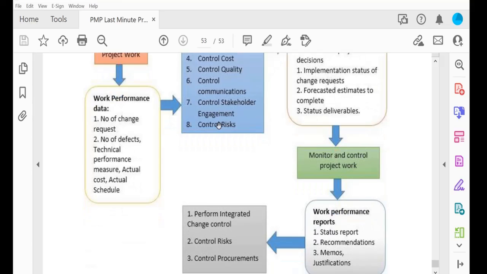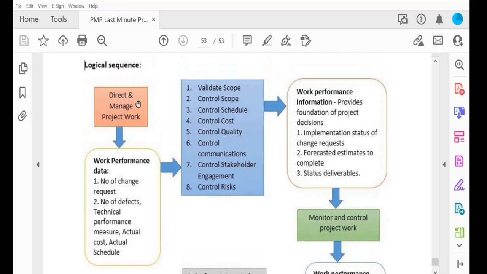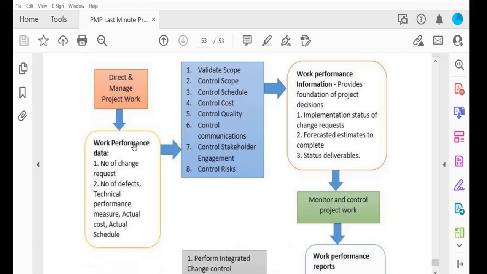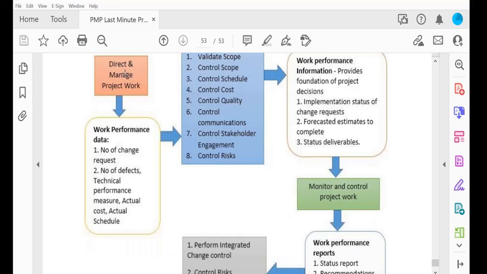And I think I already discussed this one. This is the logical sequence between direct and manage. I will discuss this one within the chart in the knowledge area. So in the direct and manage project work, this is the phase.